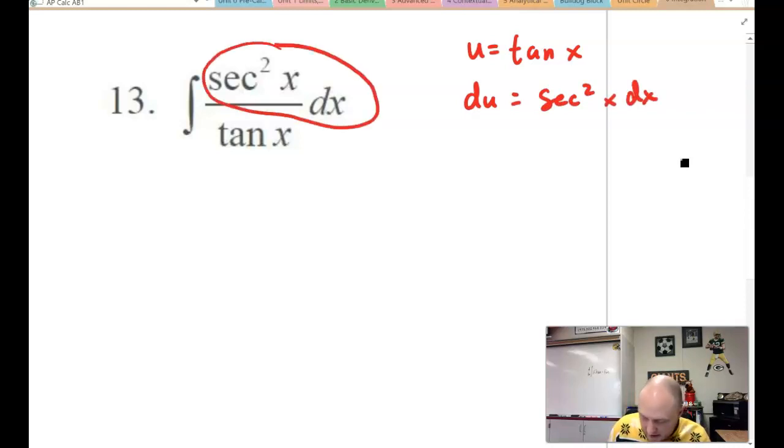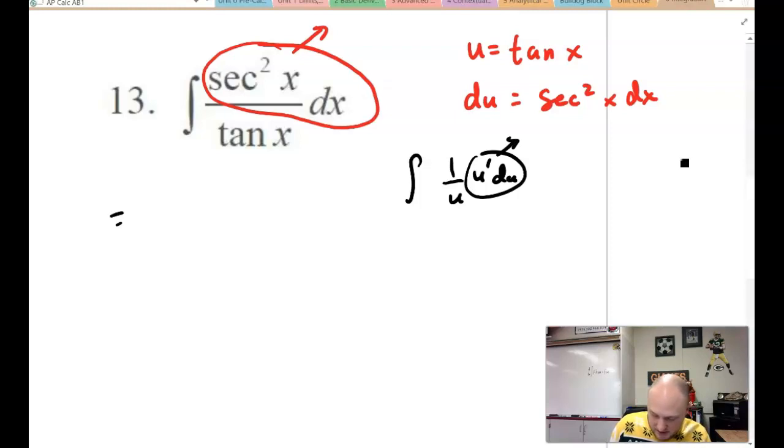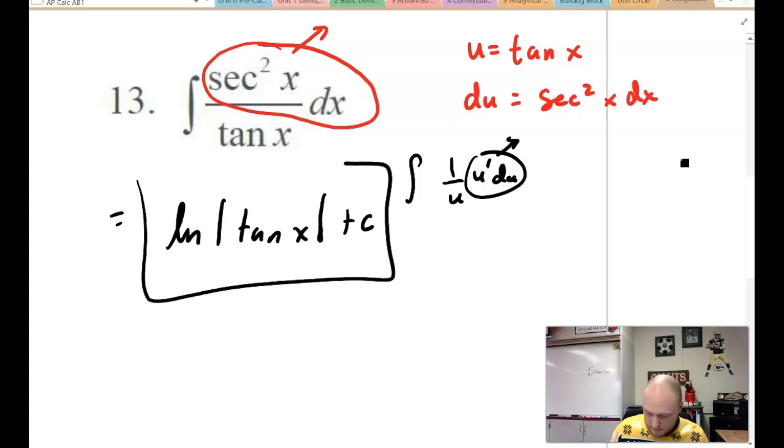So I have my reverse chain right there, and I'm integrating the 1 over u format with my u prime. So I'm going to go ahead and integrate this. This is equal to the natural log of the absolute value of tangent of x. That's an absolute value sign there. Plus c.